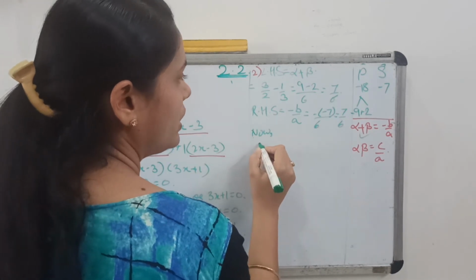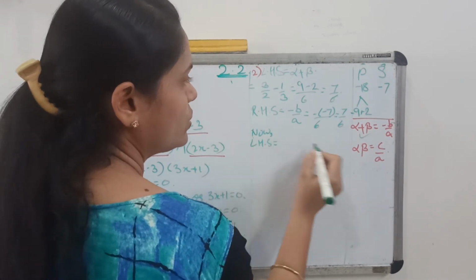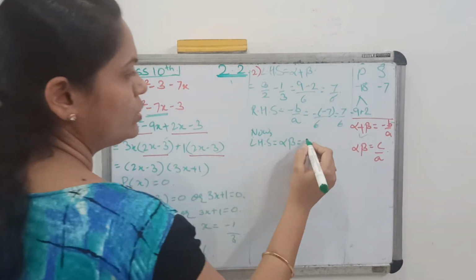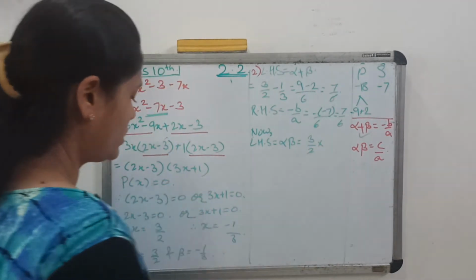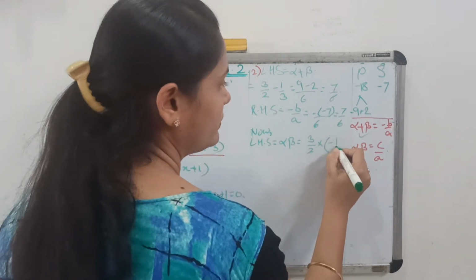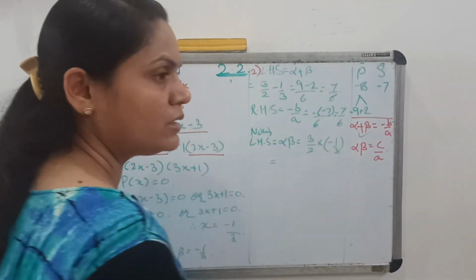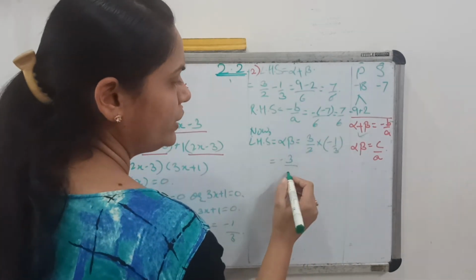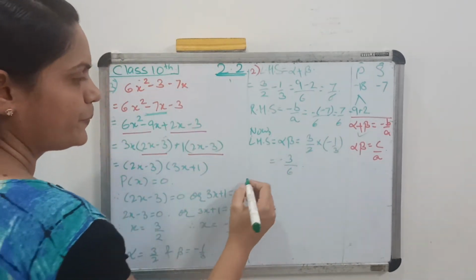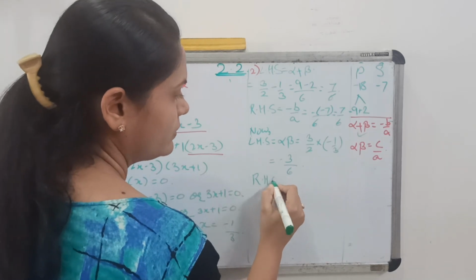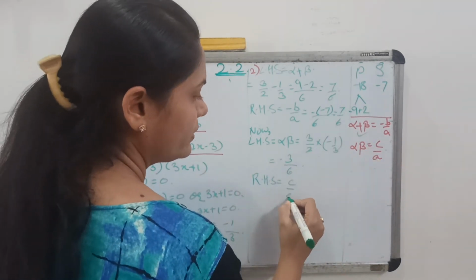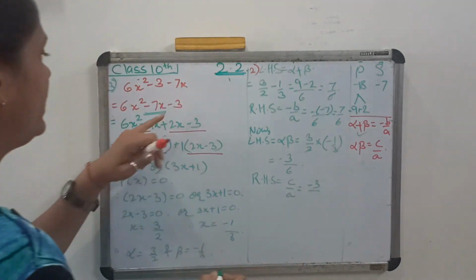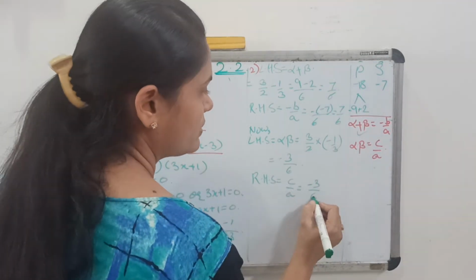Now the next. Left hand side is alpha into beta. What is alpha? 3 upon 2. What is beta? Minus 1 upon 3. What will be the answer? Simple multiplication: 3 into minus 1 is minus 3, 3 2s are 6. Right hand side: C upon A. What's my C? Minus 3. A is 6.